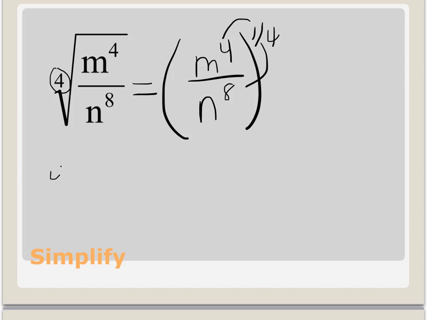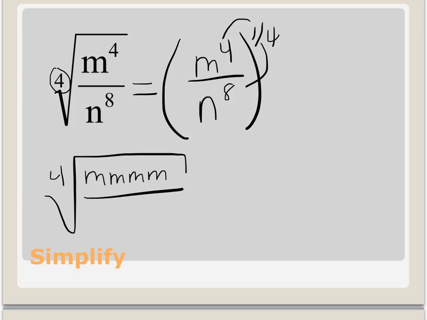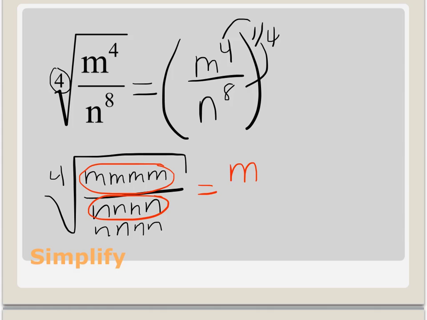Or we can think of it as the fourth root of m to the 4th is m times m times m times m. n to the 8th is n times n times n times n times n times n times n times n, and find all of our sets of 4. I have a set of 4 m's here, and then I have 2 sets of n's there, so that's going to be m over n squared.